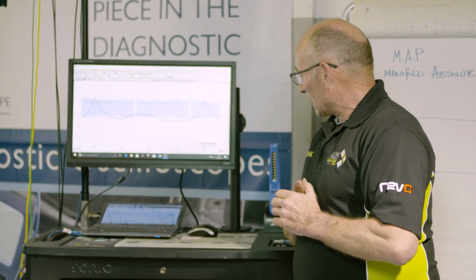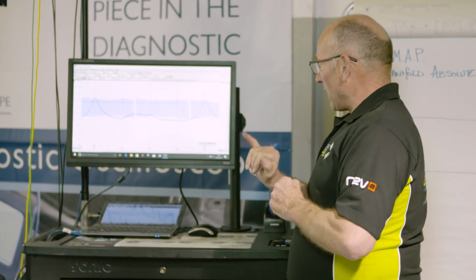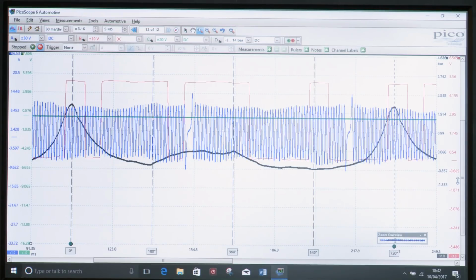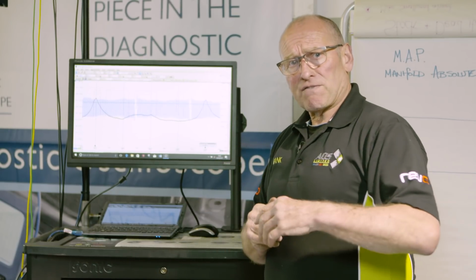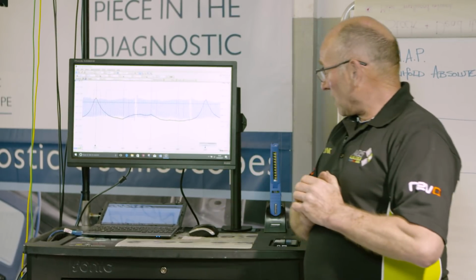However, we can now make some very accurate assessments of exactly where the engine is physically against electronically.